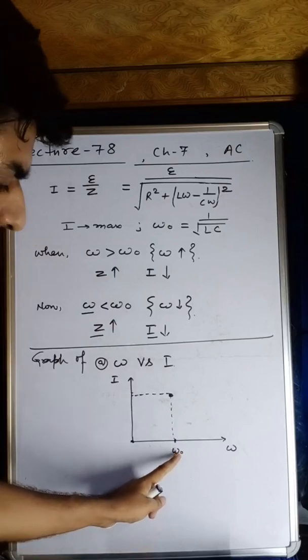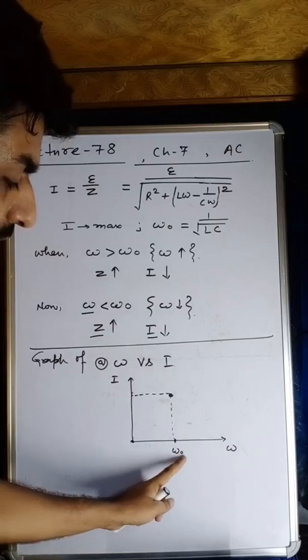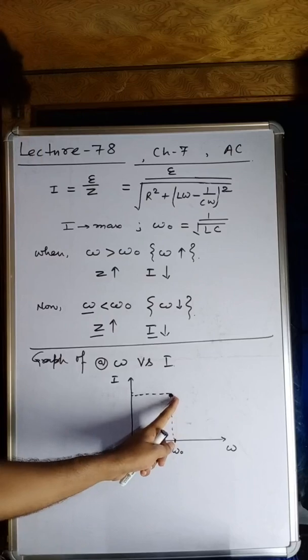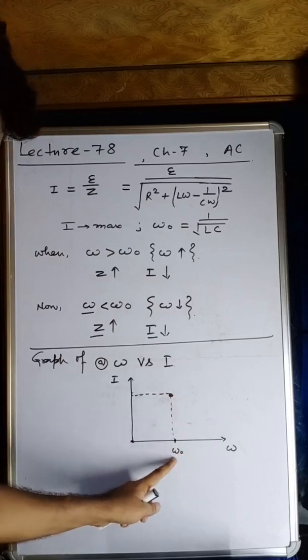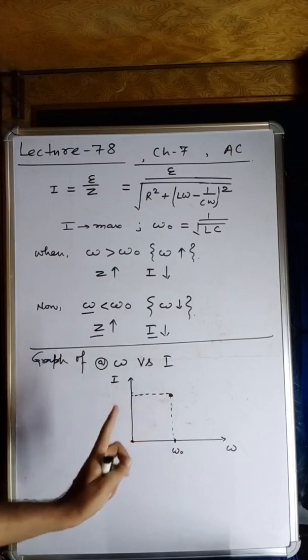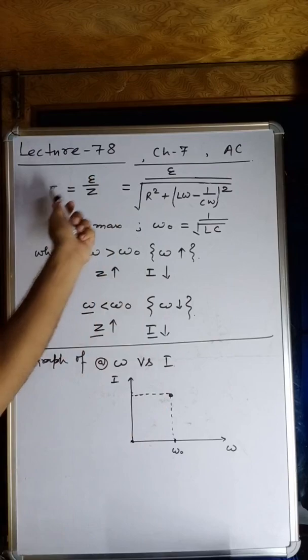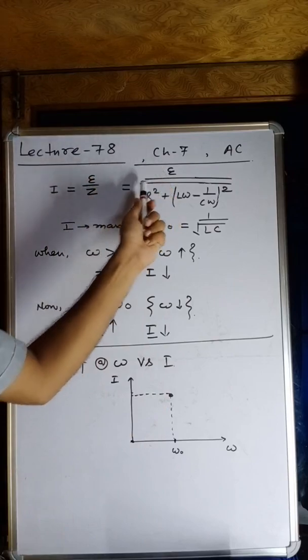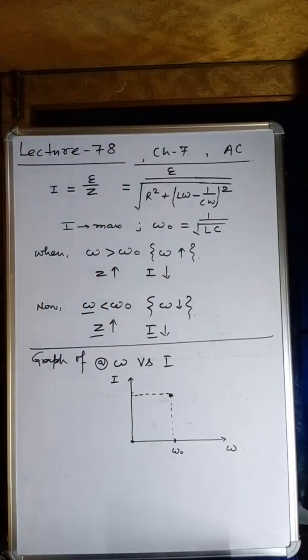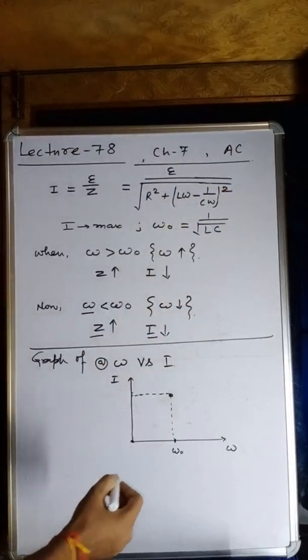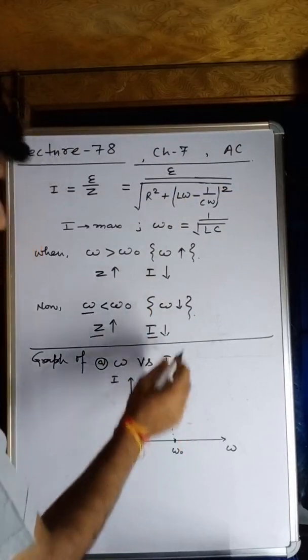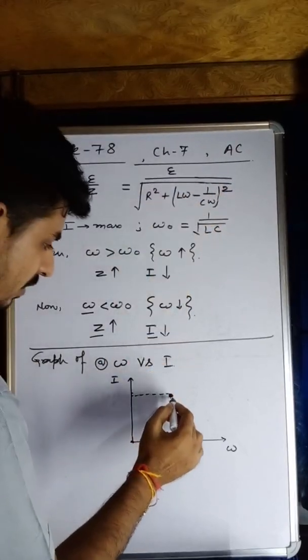Now, if we increase the omega, that is after the omega naught, what will happen? The current will decrease, and if we decrease the omega, again the current will decrease. Using that equation of current and voltage, if the voltage is constant, it looks like this. The current is decreasing but slowly it is increasing, and it looks like this.